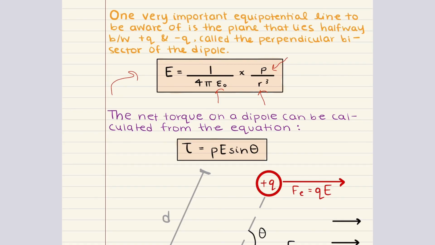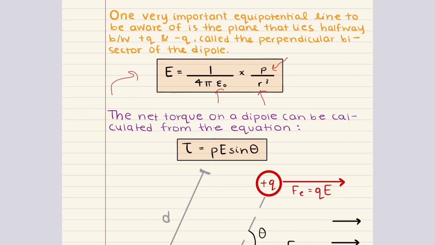The electric field vectors at points along the perpendicular bisector point in the direction opposite to the dipole moment vector P, showing that even though the potential is zero, the field still exists and it points away from the dipole axis.